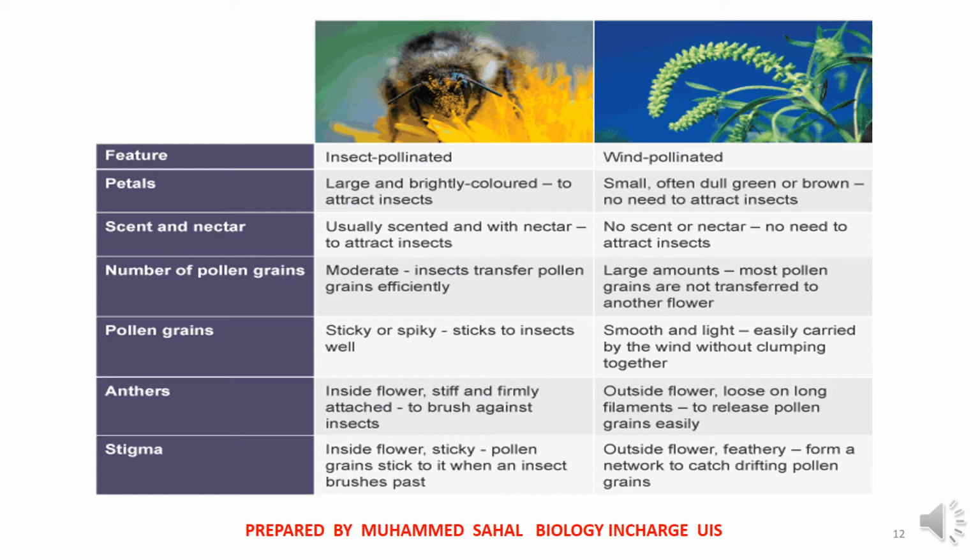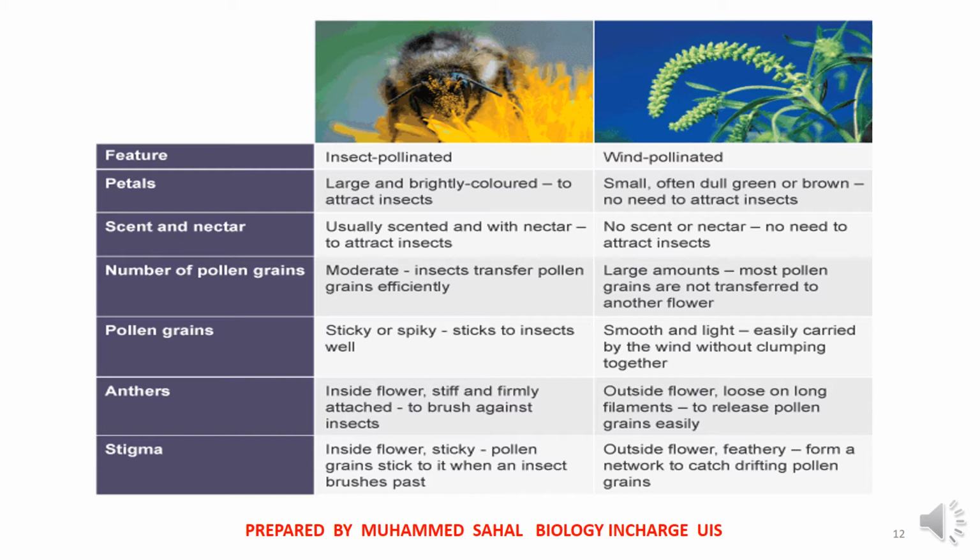Insect pollinated flowers produce nectar to attract insects, but in wind pollinated flowers, no nectar is produced. In insect pollinated plants, a moderate amount of pollen is produced, but in the case of wind, a large amount of pollen is produced. Insect pollinated plants have sticky or spiky pollen grains because they want to attach to the insects.